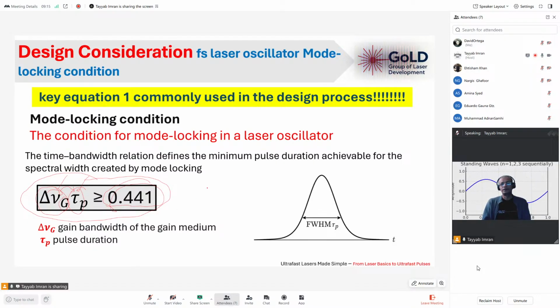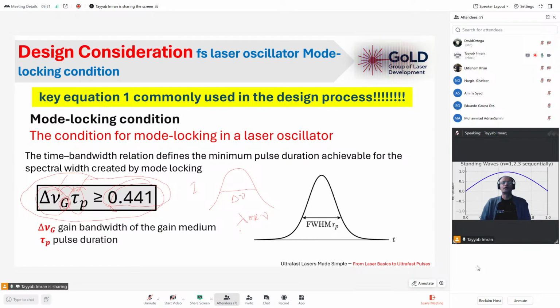Like if you have here your wavelength and this is your intensity, wavelength or frequency, this bandwidth. But here G is mentioned, so that G is linked with the gain bandwidth, the gain of the material or the gain medium we use.